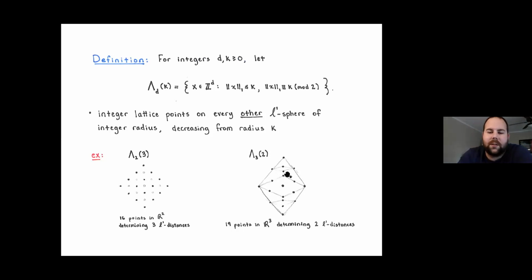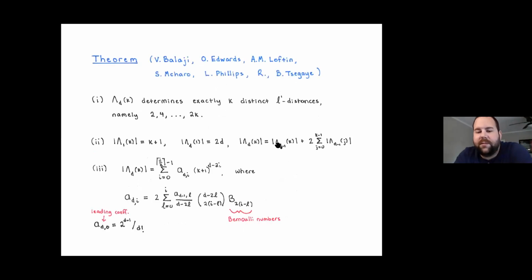And of course, the middle and the top also have their mirror image down below with negative Z coordinates. So this first term is meant to be the slice in the middle, and the summation is the 2 slices at each level on the top and the bottom. So that gives you a recursive formula for the number of points in these sets.